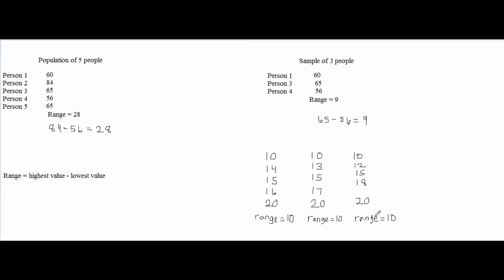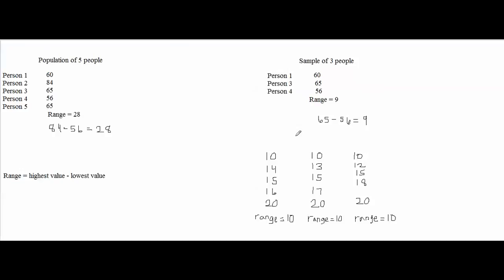In other words, it's possible for different sets of numbers that have different amounts of spread to all have the same range, so the range isn't showing that the dispersion differs.